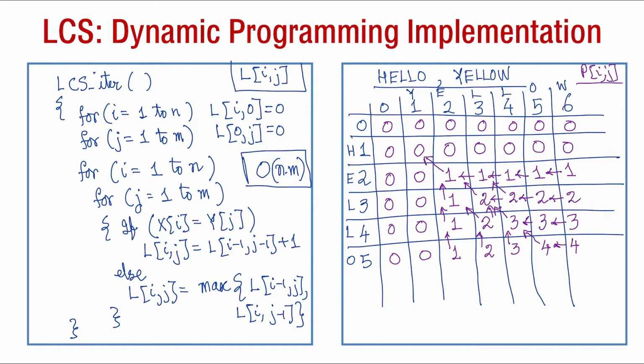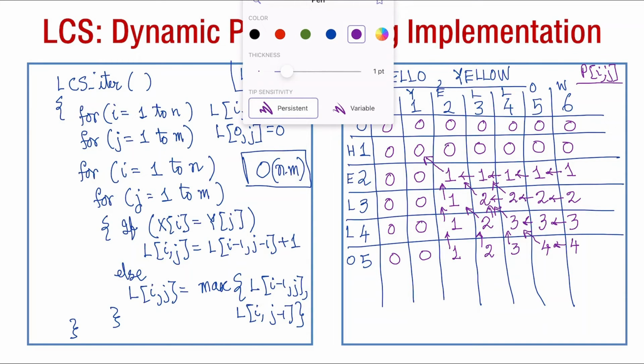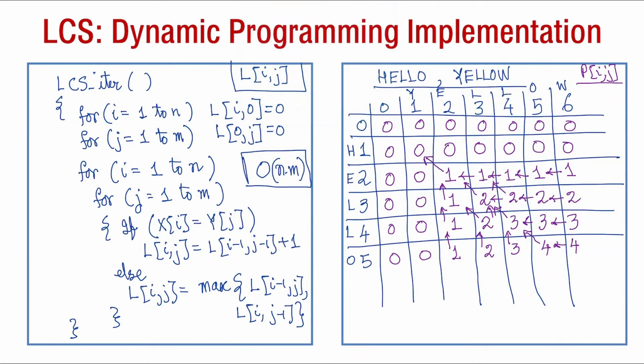common subsequence is here. And in order to retrieve this, we use the pointers, and from the back pointers we will be able to calculate the sequence through which we will obtain our final goal.